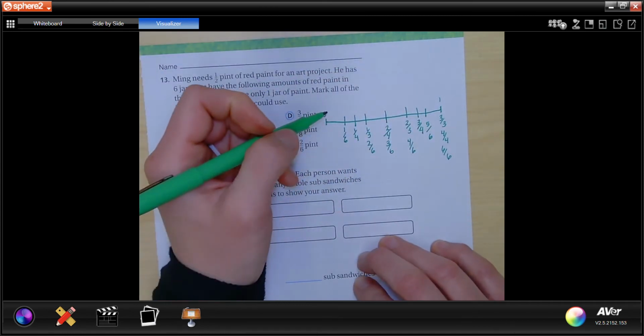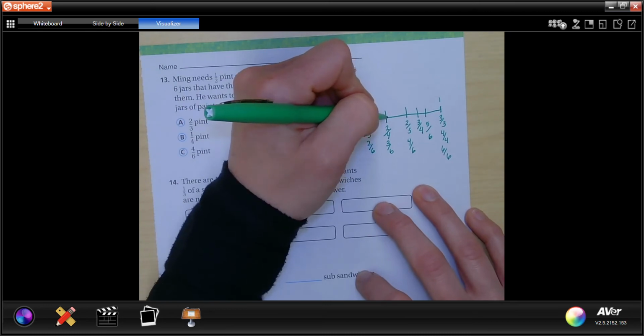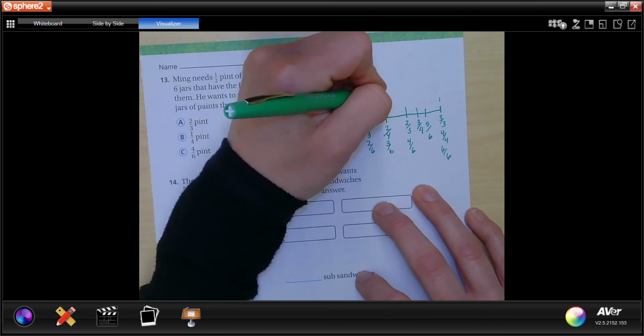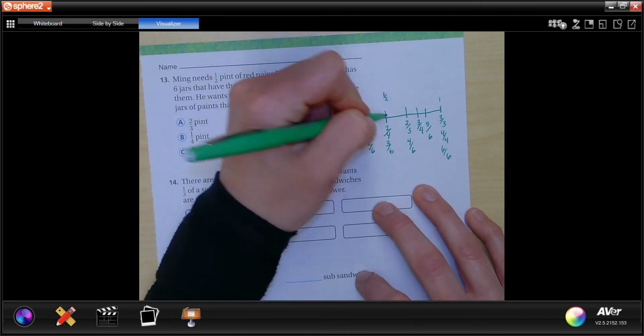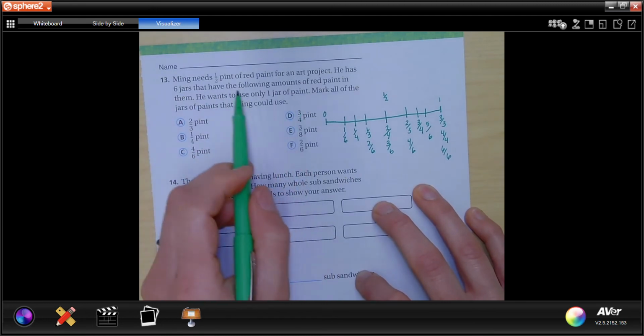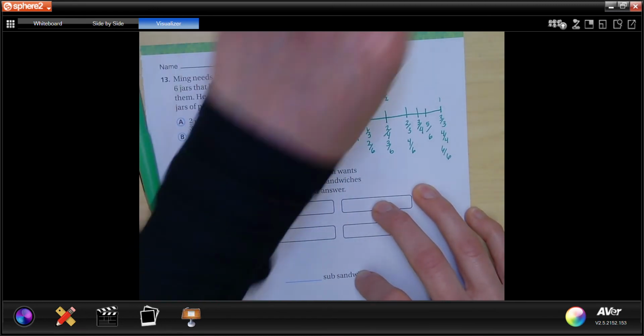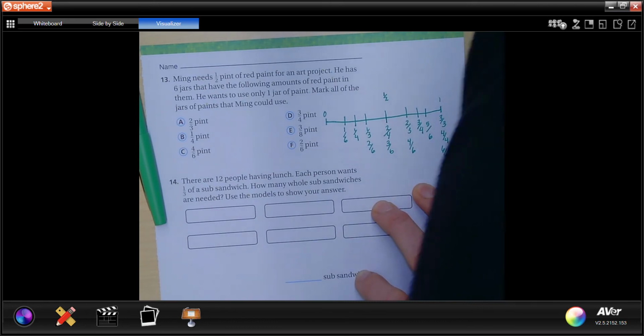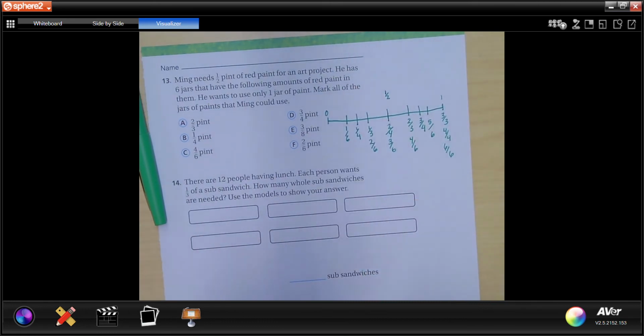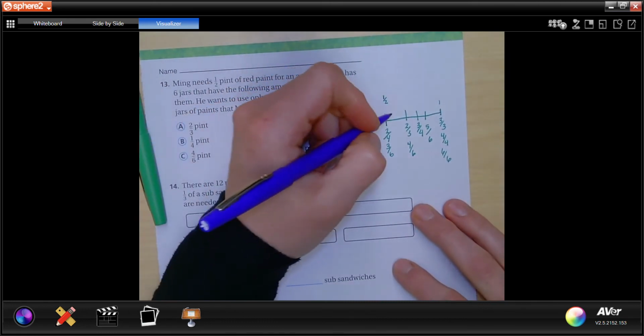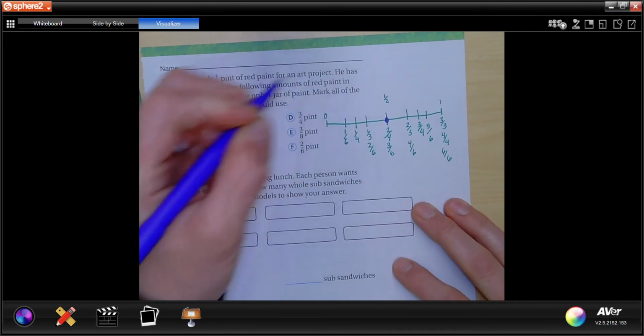Okay, well, we also know that halfway is the same as 2/4. So I'm going to get a different color to use so we can mark that he wants half a pint, okay, so we need half of a pint.